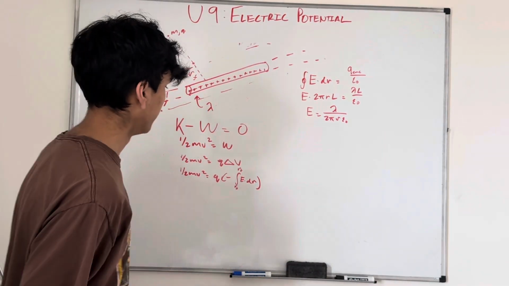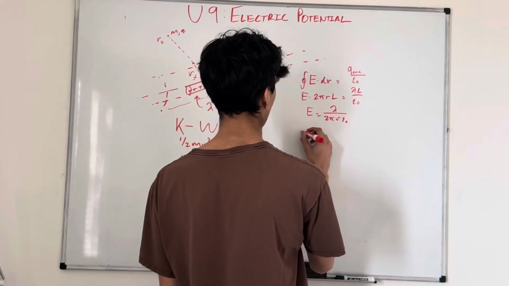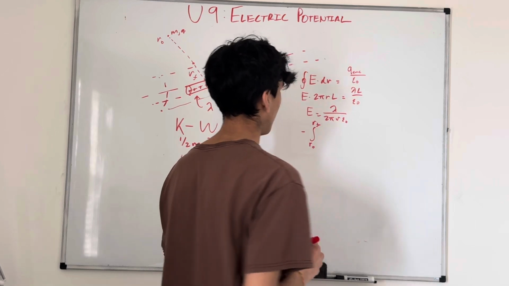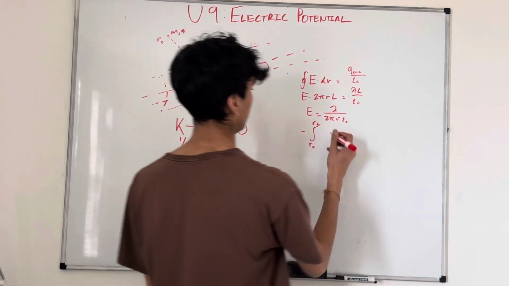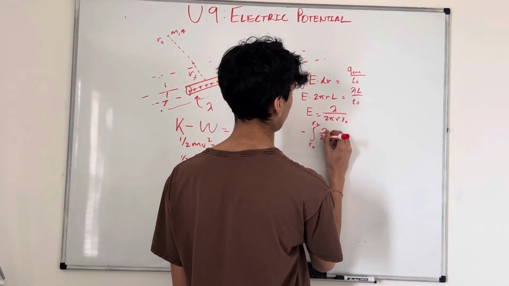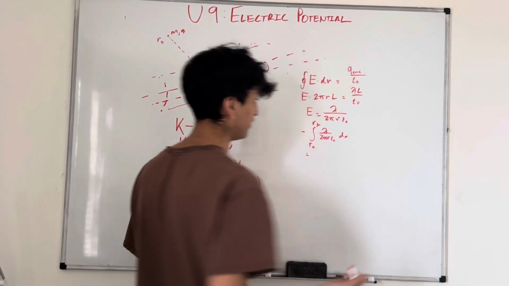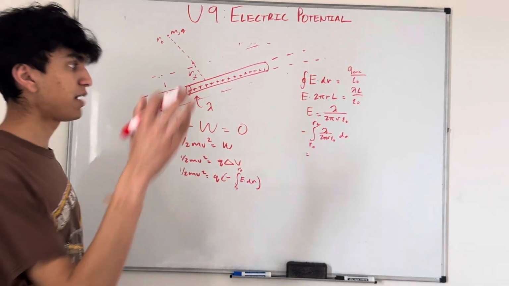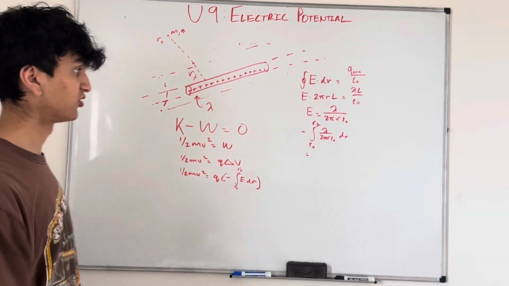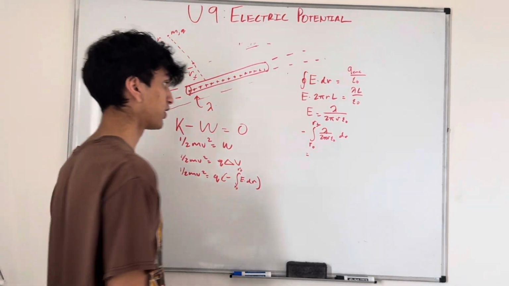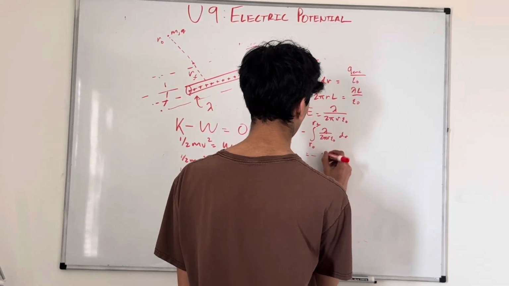So if I were to take the integral from r initial to r final, I would essentially get lambda over 2 pi r epsilon naught dr. And this is a pretty simple integral because lambda, 2 pi, and epsilon naught are all constants. So you're just taking the antiderivative of 1 over r, which is natural log r. So this will be negative.